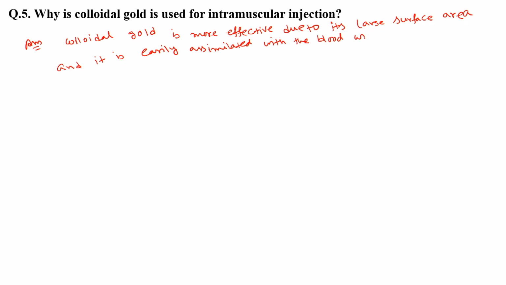Since colloidal gold has a large surface area, it is easily assimilated with the blood. Blood itself is a colloidal thing.